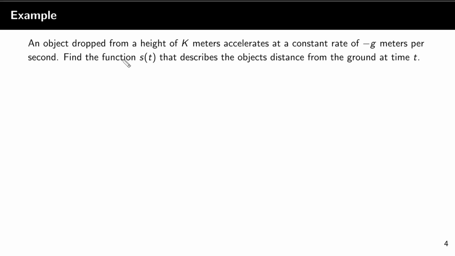So let's look at this example. This will be familiar from Math 83. Suppose we have an object dropped from a height of k meters and it accelerates at a constant rate of negative g meters per second squared. Second squared dapat ito, kasi acceleration to.